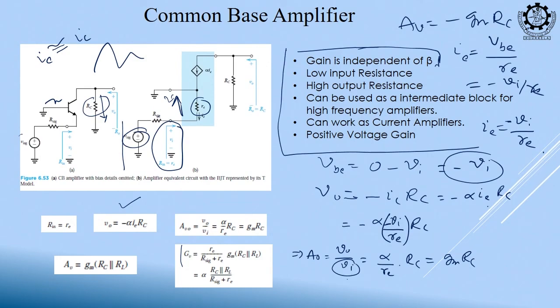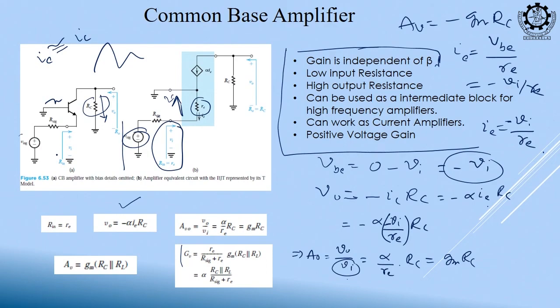Second point is my input resistance is small. In which amplifier do you prefer small input resistance? Voltage amplifier, op amp: input impedance high. So, which amplifier should have a low input impedance? Current amplifier. Input side, it is coming as a current branch, right, in the emitter current flows.